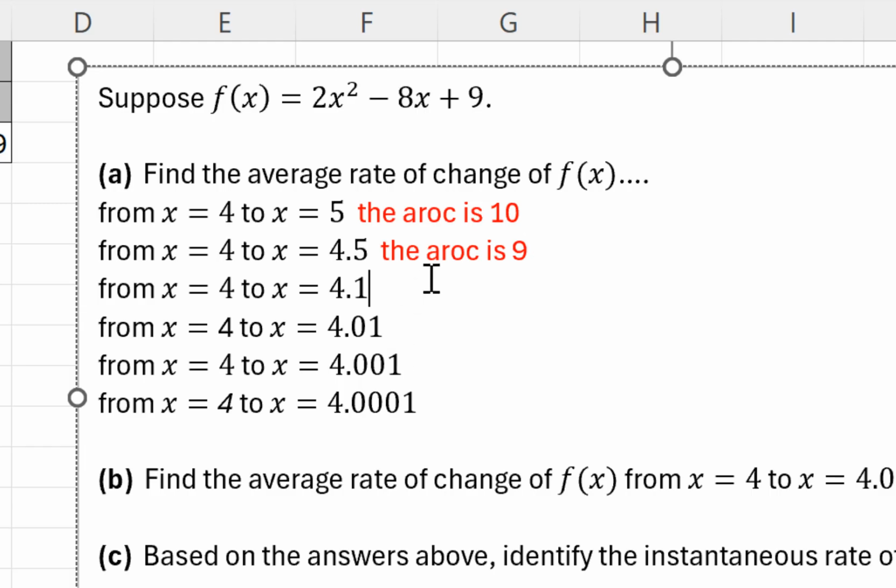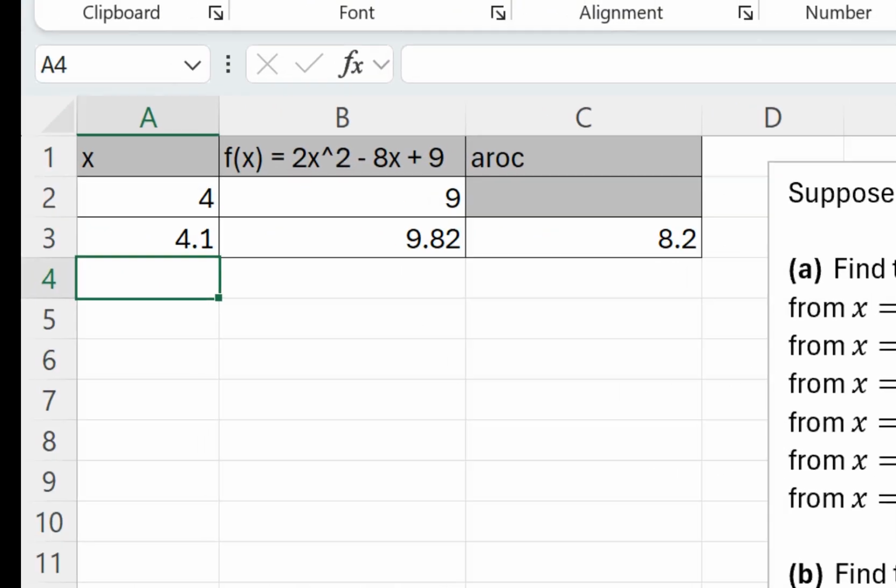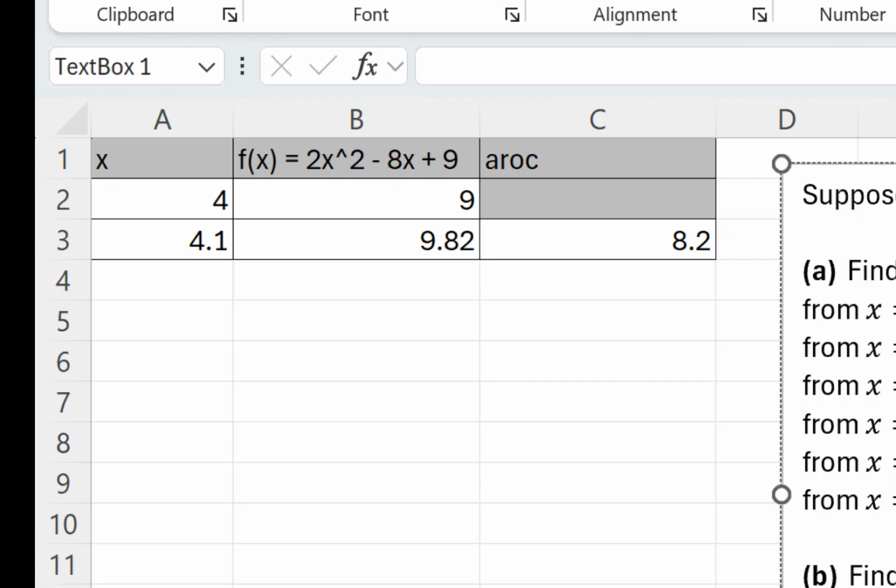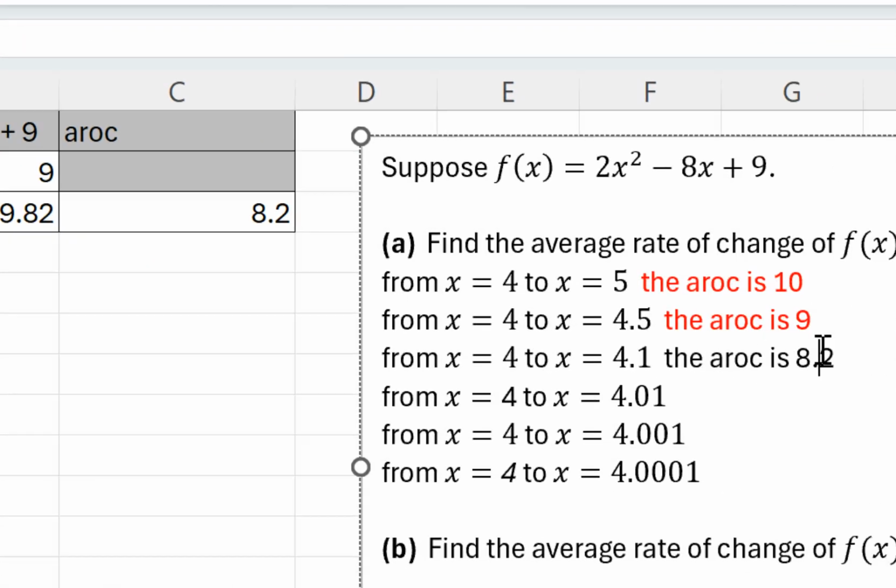And again, I'm going to do this a few more times, and you see that each calculation we're doing here, the second x value is getting closer and closer to x is 4. This time I'm using x is 4.1. And we see that the average rate of change from x is 4 to x is 4.1 is a slope of 8.2.